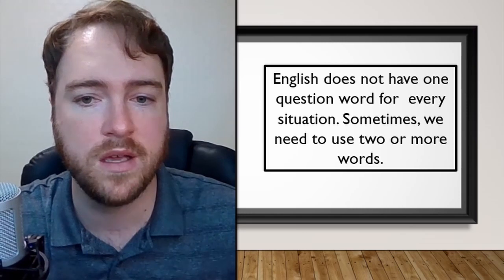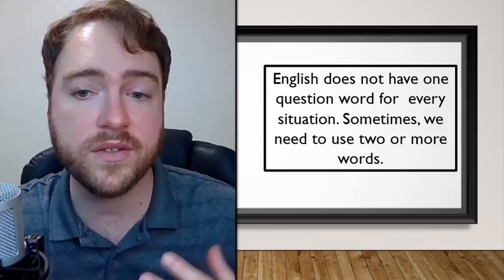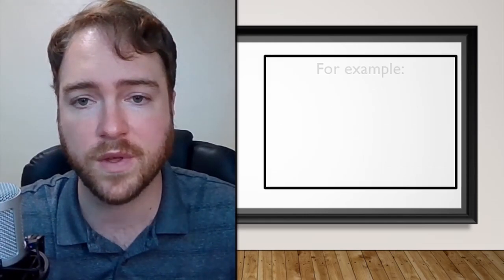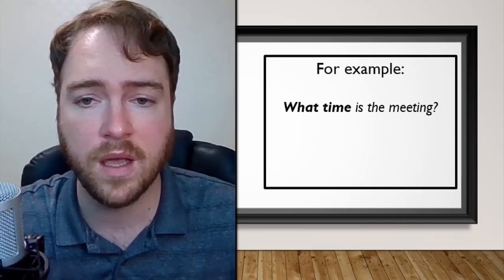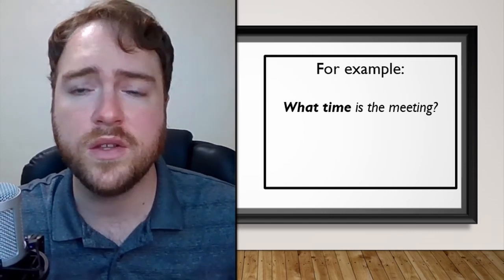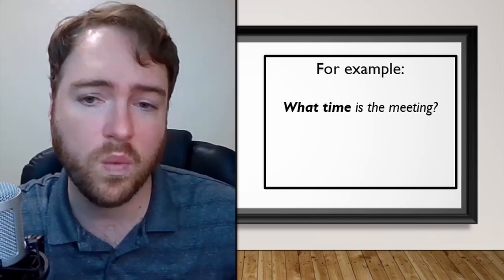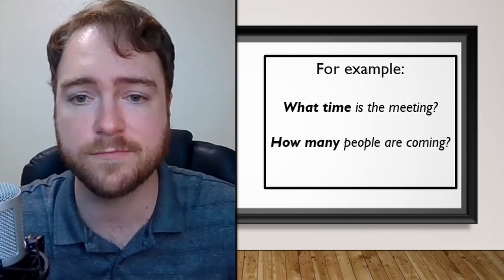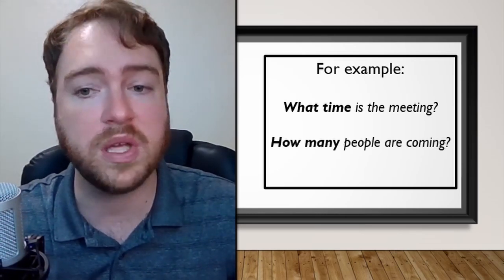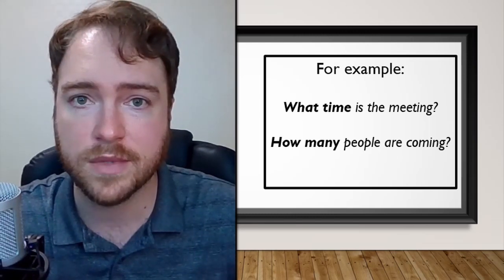So it's also important to remember that English does not have one question word for every situation. Sometimes we need to use 2 or more words. Okay? For example, what time is the meeting? Okay? You can say when is the meeting, but what time also works. Okay? Here we have how many people are coming. Okay?